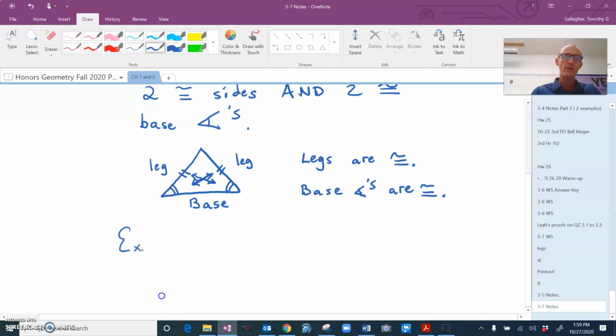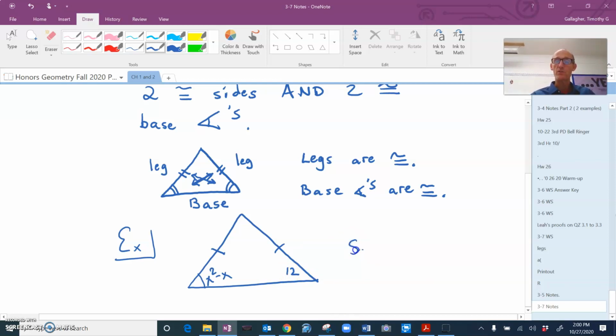Now, a sample problem might look like this. If you have a triangle, and let's say these two sides are congruent, and then this angle here is x squared minus x, and this angle here is 12.